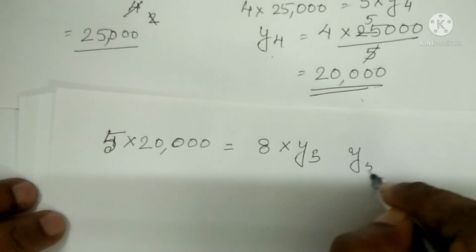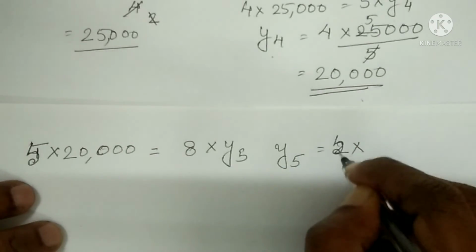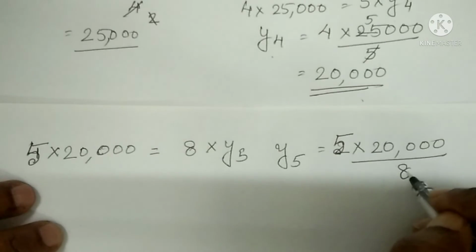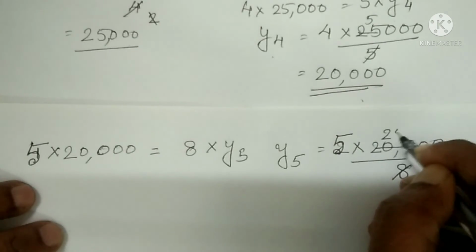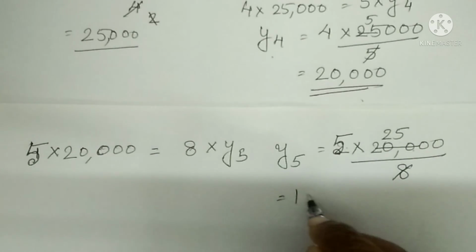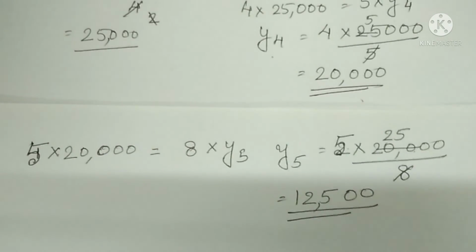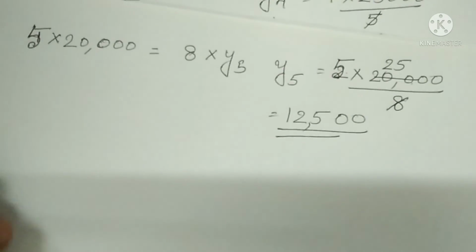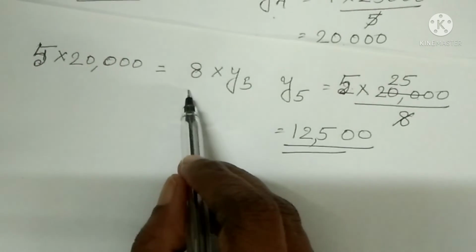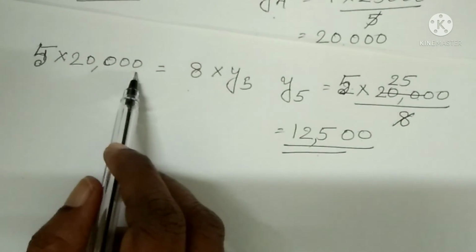So what will Y5 be equal to? 5 into 20,000 upon 8. See, 8 25s are 200. So 5 into 25, 125, followed by two zeros, that is 12,500. So if there are 8 people, each one will get 12,500. If there are 5 people, each one will get 20,000.